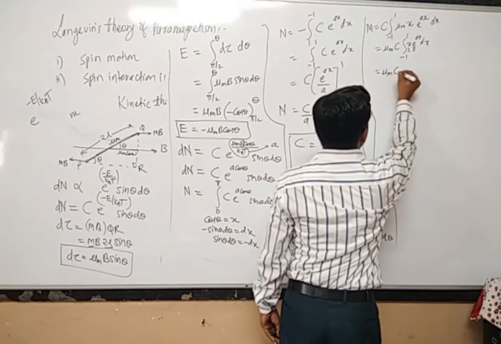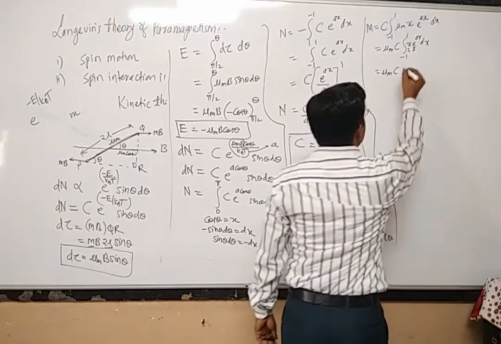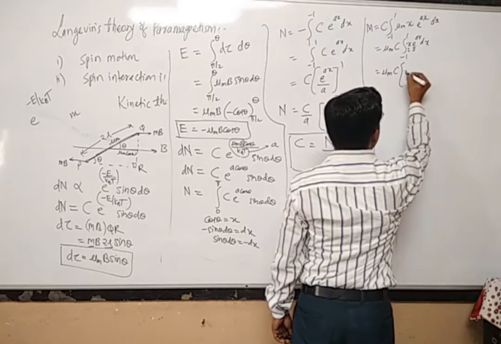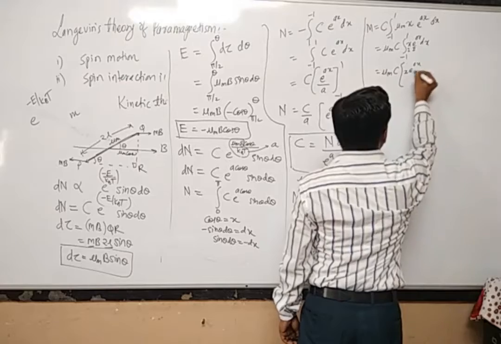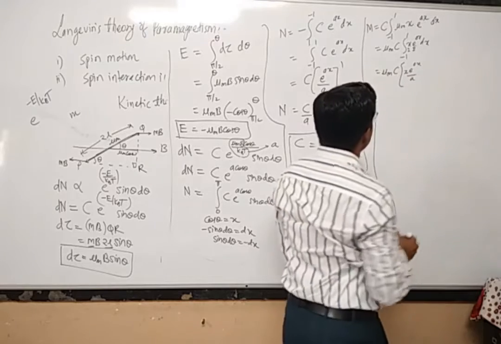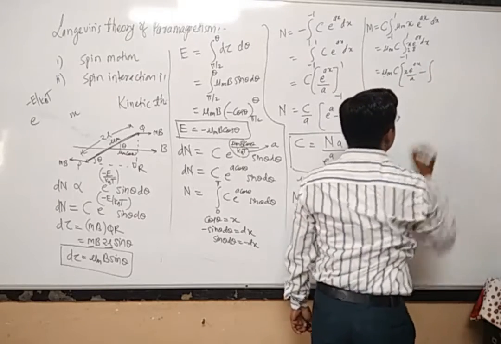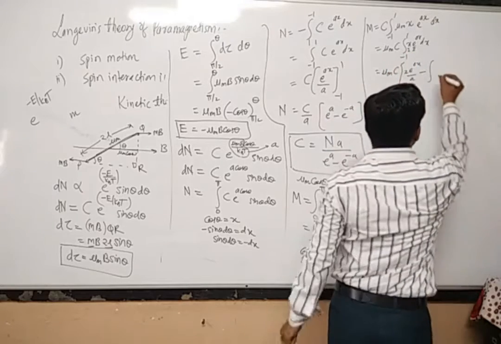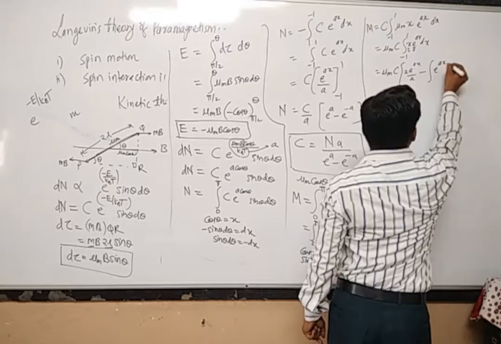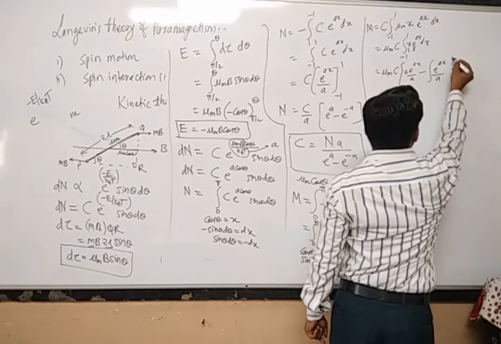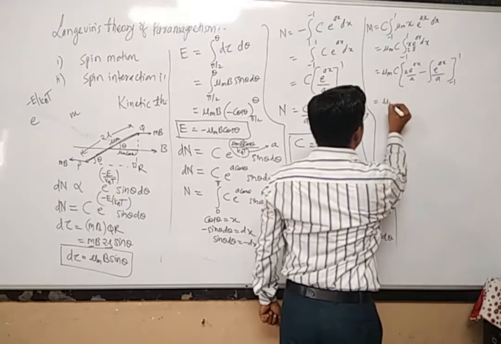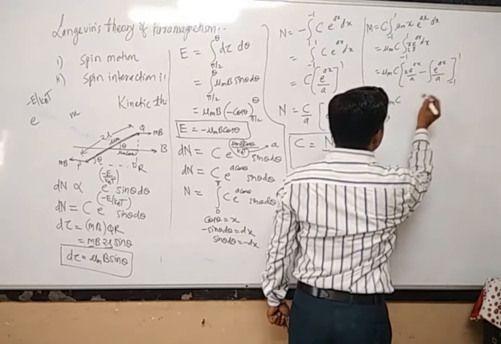So μm into c. First function, that is x, into integration of second, that is e raised to power ax divided by a, minus integration of derivative of first, that is 1, into integration of second, that is e raised to power ax divided by a, and limits will be -1 to +1. μm into c.